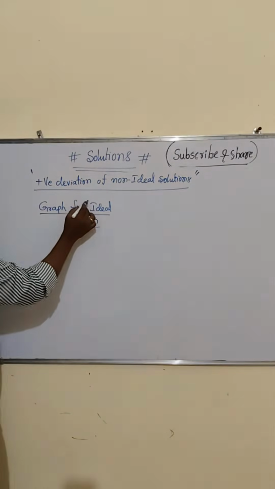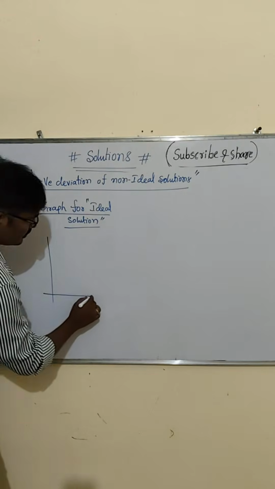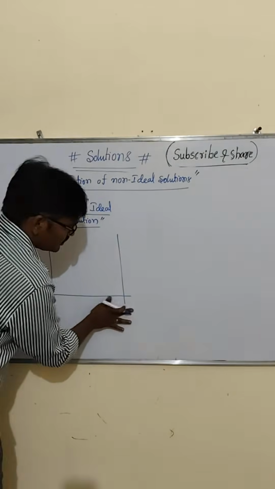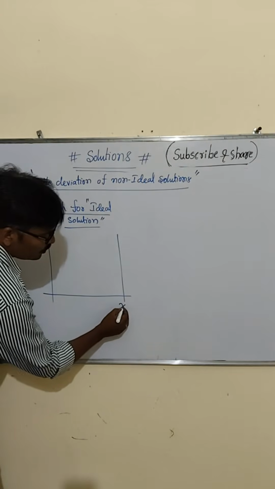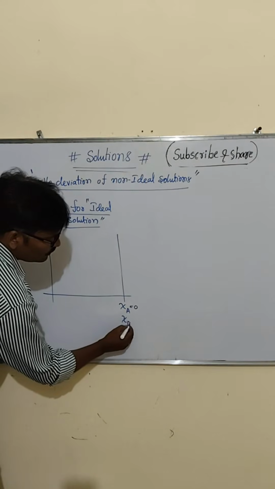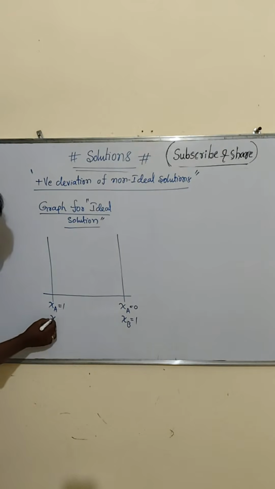So first, ideal solutions we are taking. Here, on this axis, the mole fraction of A equals 0, then mole fraction of B equals 1. Here the mole fraction of A equals 1, the mole fraction of B equals 0.